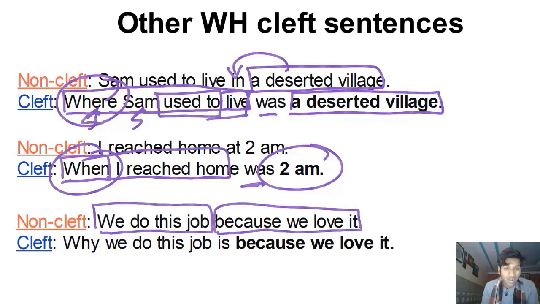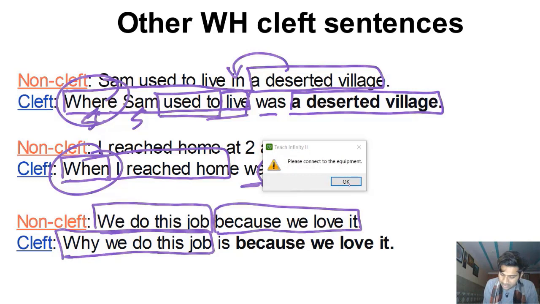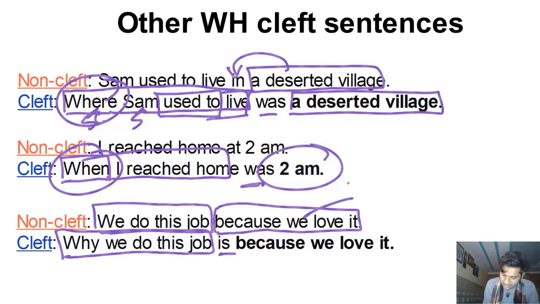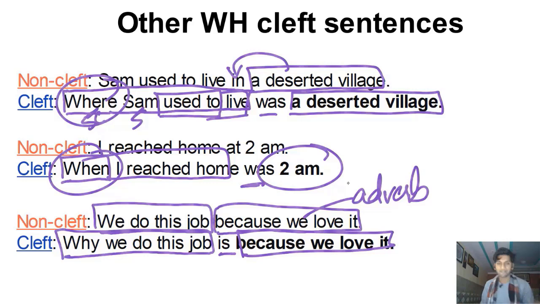So I'll say why, because to focus on a reason, we use why. Why we do this job is here we are focusing on the adverbial, right? It's working as an adverb, which is basically an adverbial, right? Why we do this job is, it's in the present, so we're using is. Why we do this job is because we love it.